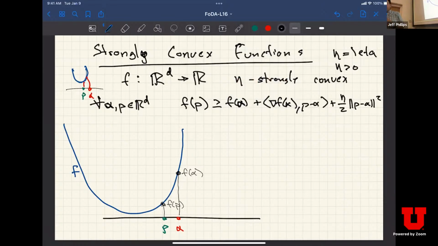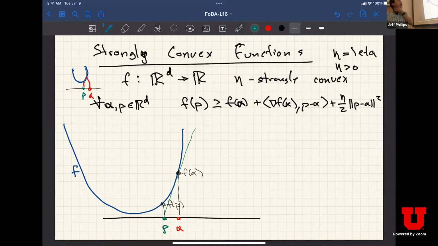Now we're going to approximate this in a few ways. We're going to draw the gradient, and this is d dimensions, but we're restricting to the one-dimensional subspace that contains p and alpha. The gradient is telling me the linear approximation, the slope at alpha.